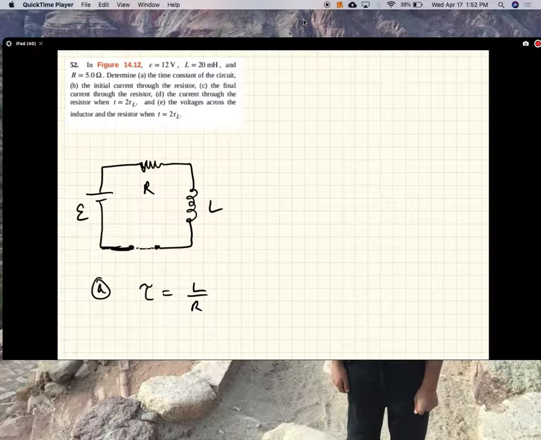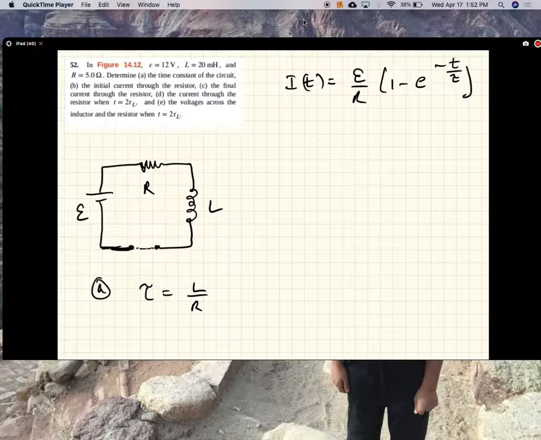Okay, so what happens is, you guys remember when you close the switch, the current in the circuit doesn't go instantaneously to its maximum value. It changes over a time constant. It goes exponentially up, and the expression for the current as a function of time, you can check your notes, is given by E over R, which would be the maximum current as if the inductor was not present, times 1 minus e to the power of minus t by tau, where tau is the time constant.